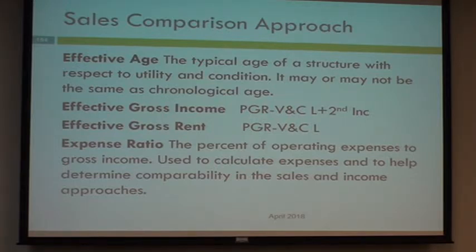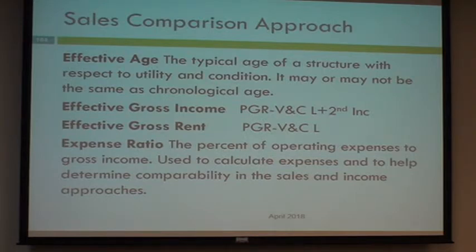Then we got expense ratio. If you work commercial property, you'll learn that certain properties have certain expense ratios. We have learned that our hotel industry in Wise County has something like a 60, 65% expense ratio. So some guy brings us in expenses that are like 75%. We go, whoa, time out. You're kind of out of the ratio range here.